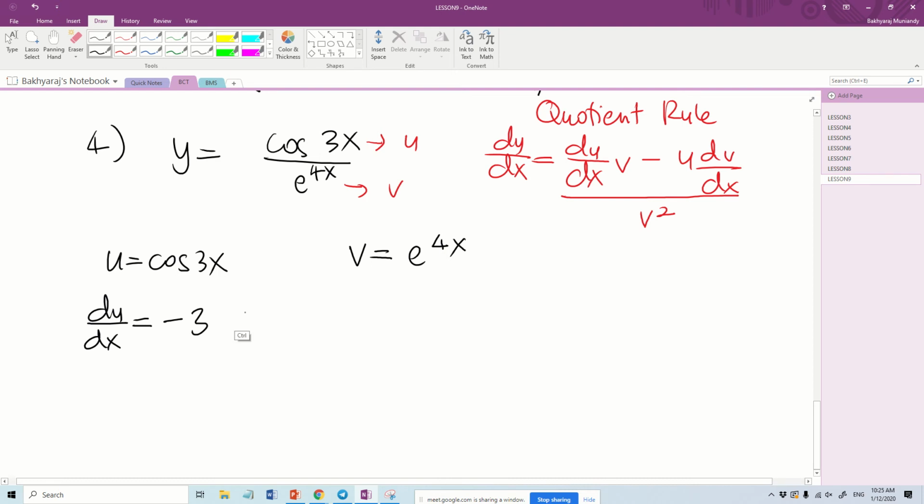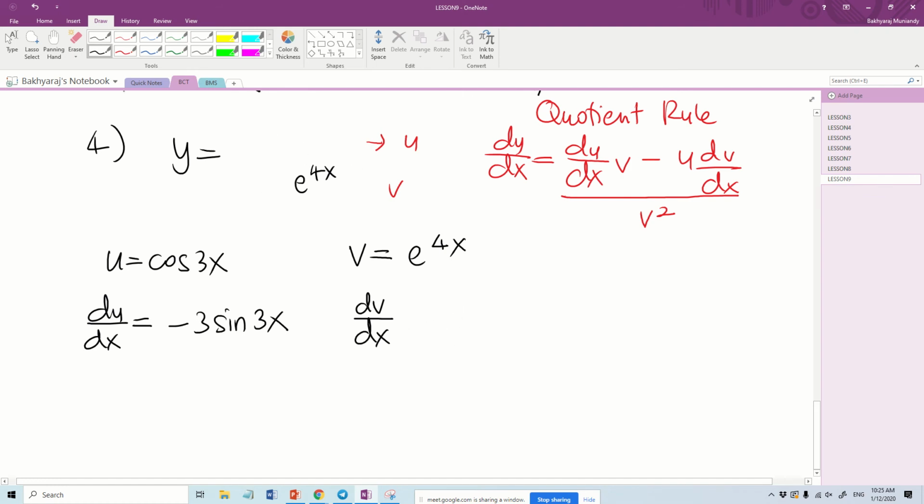Yeah, correct. Negative sign lah. So negative 3 sin 3x. We get a times by negative sin x lah. So in this case, negative 3 sin 3x, and dv, we get what? Yeah, correct.